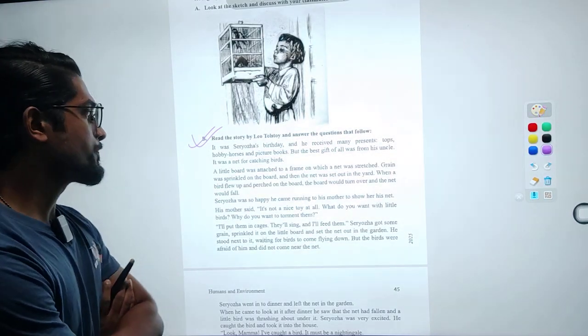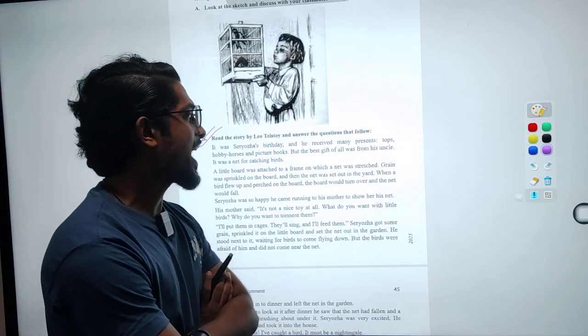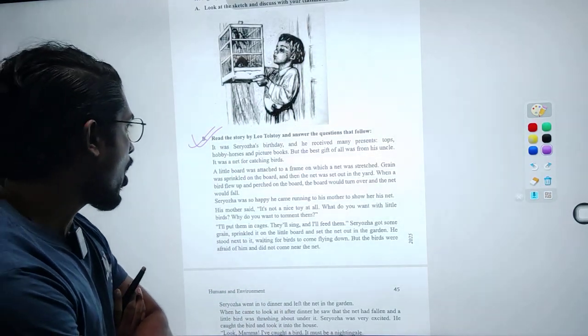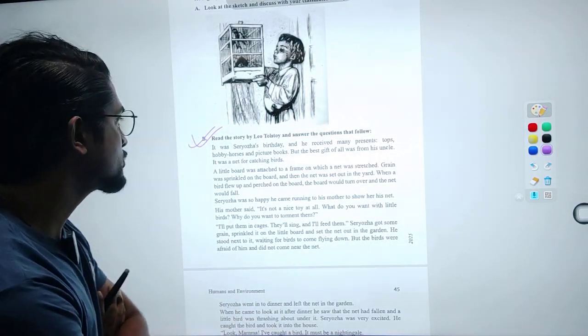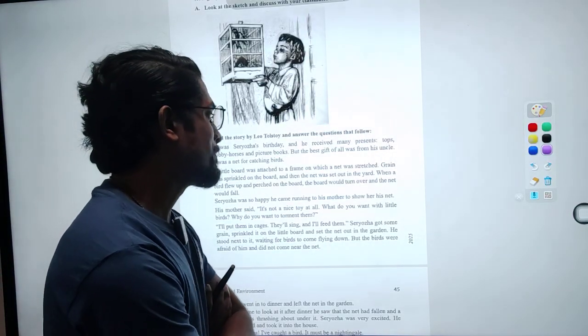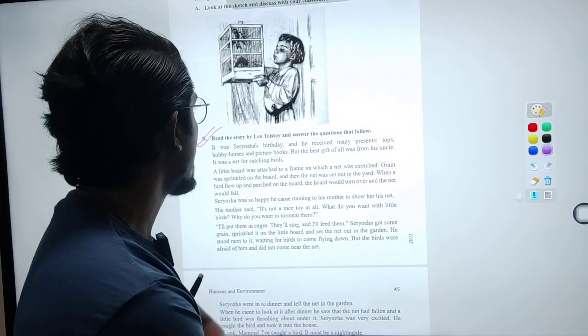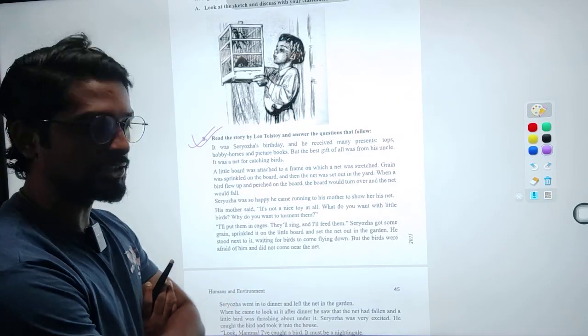It was Shiraja's birthday and he received many presents: tops, hobby horses, picture books. But the best gift of all was from his uncle. It was a net for catching birds.